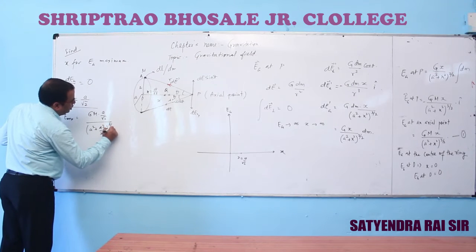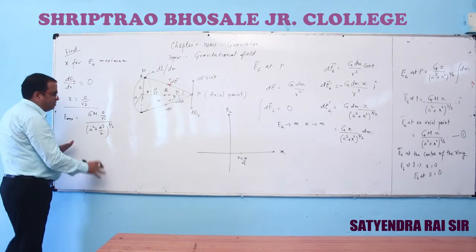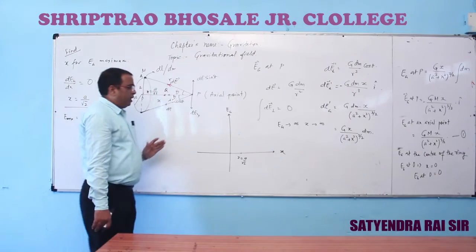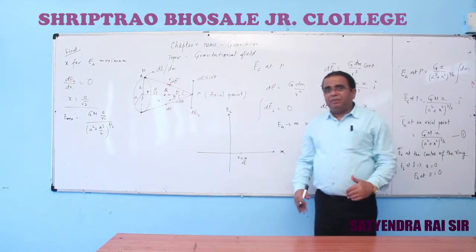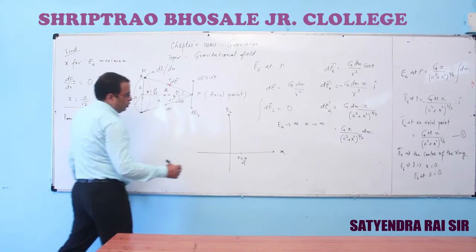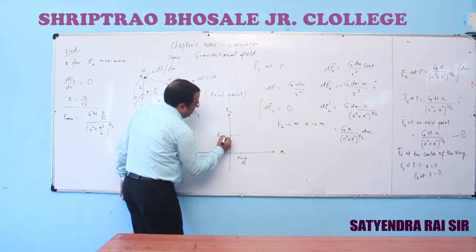We can solve it later on. This is the maximum value of the gravitational field at a point which is a distance x equals to a by root 2 from center of the ring, and we can show it over here. This is the value of E max.